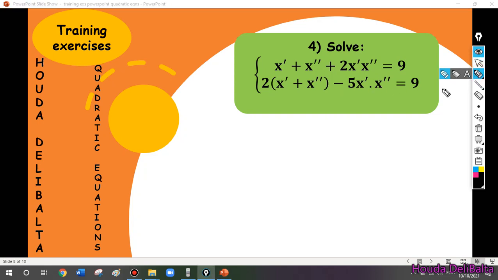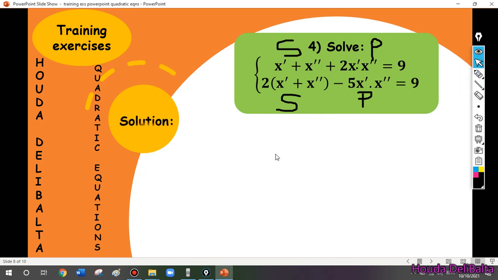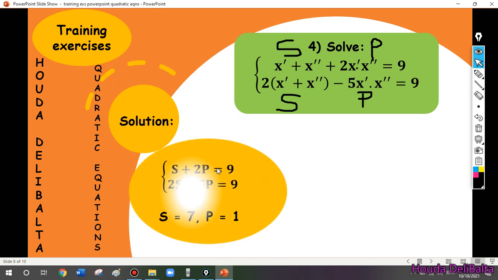So let's remember, whenever I see x prime plus x double prime, that's s. Whenever I see x prime dot x double prime, that's p. So here also is p, and here is s. And now we transform the equation, the system, as follows. It is s plus 2p is 9 and 2s minus 5p is 9.